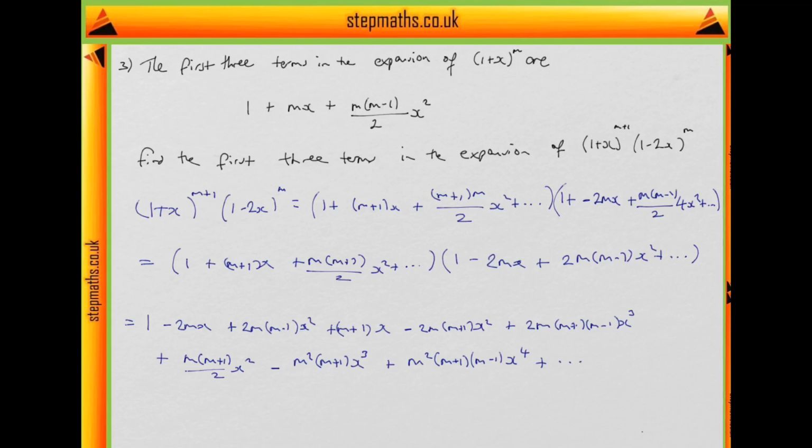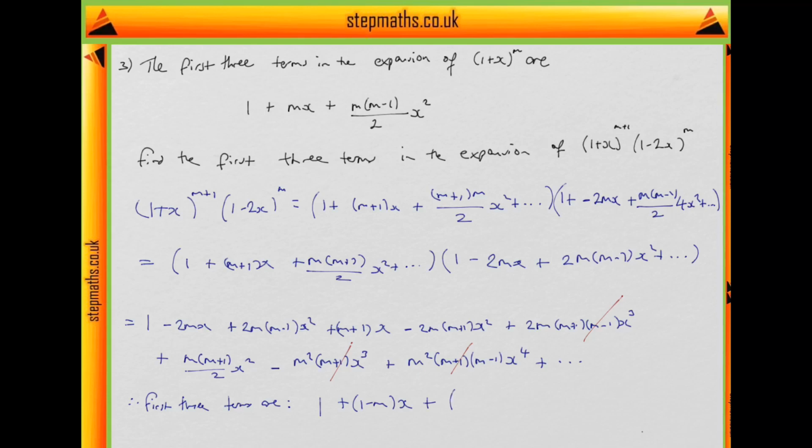Now immediately we notice that we've been asked for the first three terms in the expansion, and that means we're not considering terms higher than the power of x squared. So we can simply ignore this, and ignore this. Therefore, the first three terms are 1, grouping the x's together, we get a minus 2m and a plus m + 1, so that gives us (1 - m)x, plus, okay, what do we have?